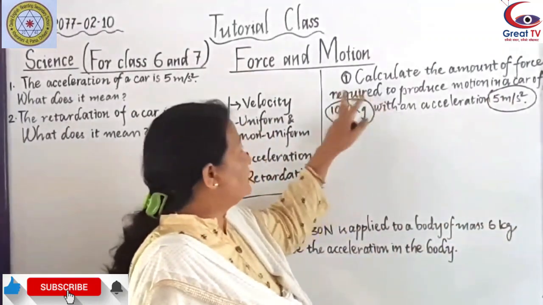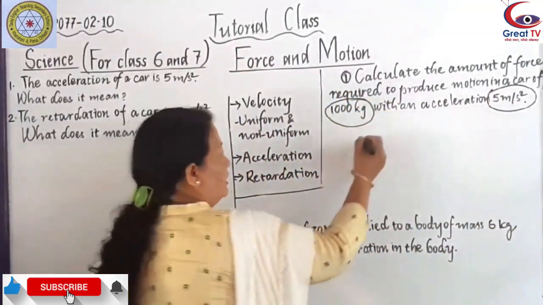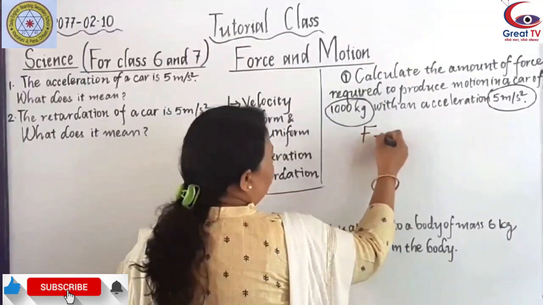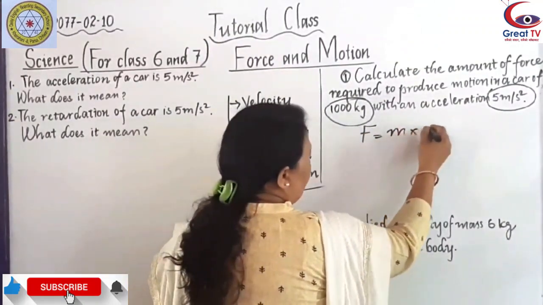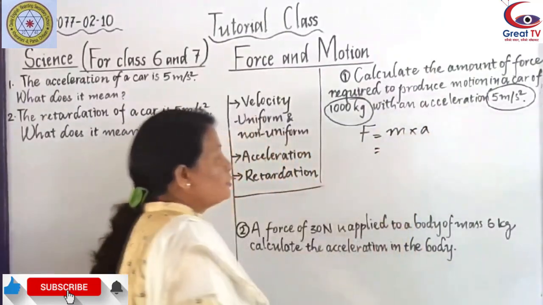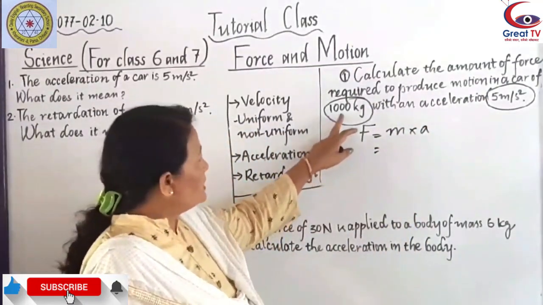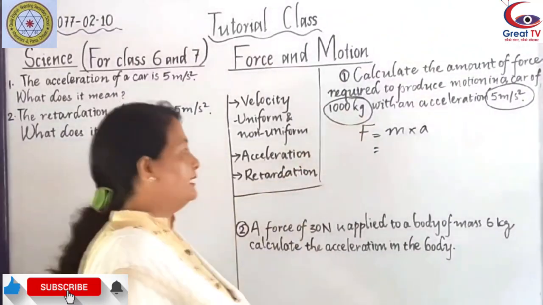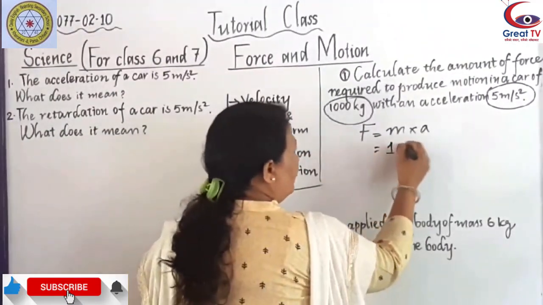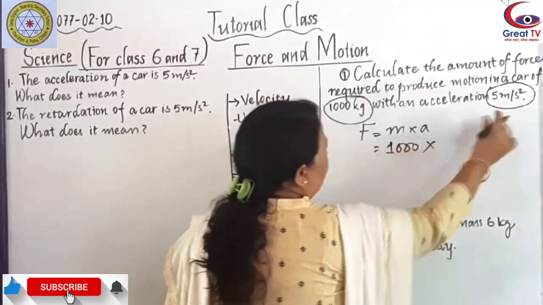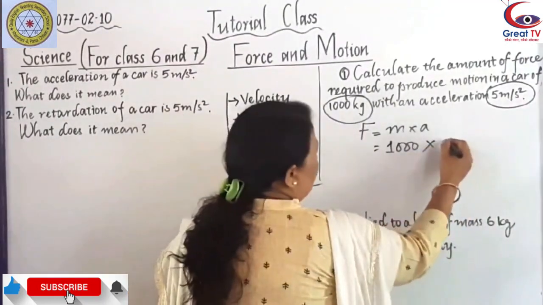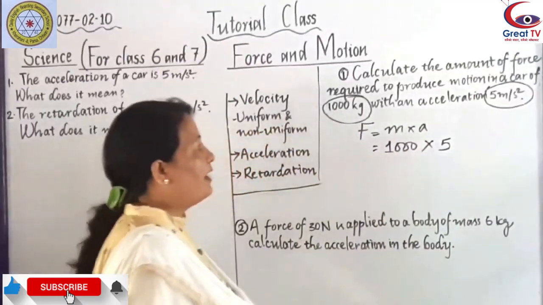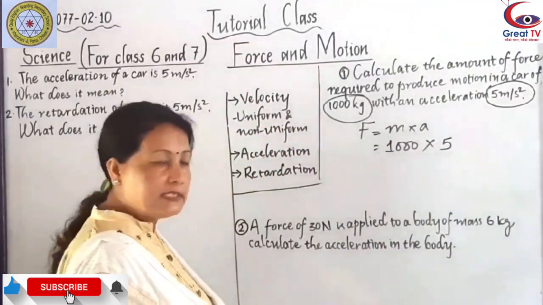Now we have to calculate force. We have already studied that the formula of force is mass into acceleration. The mass of the body is given, 1000 kg, multiplied by acceleration, 5 meters per second square.